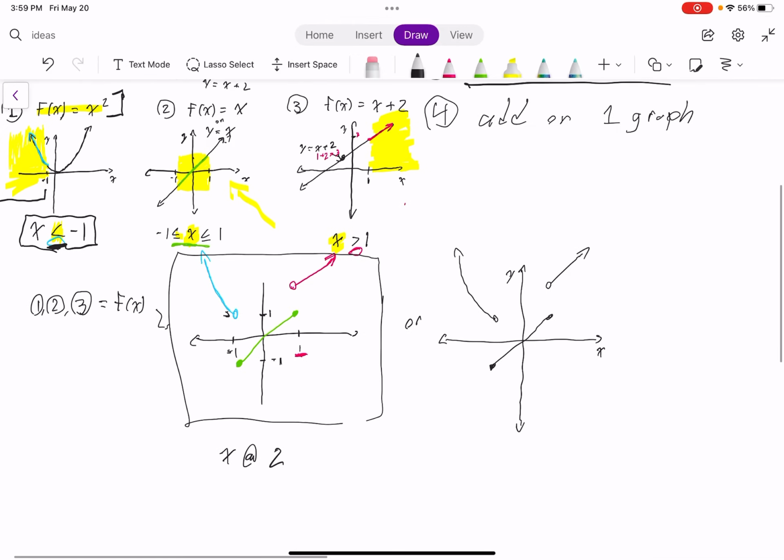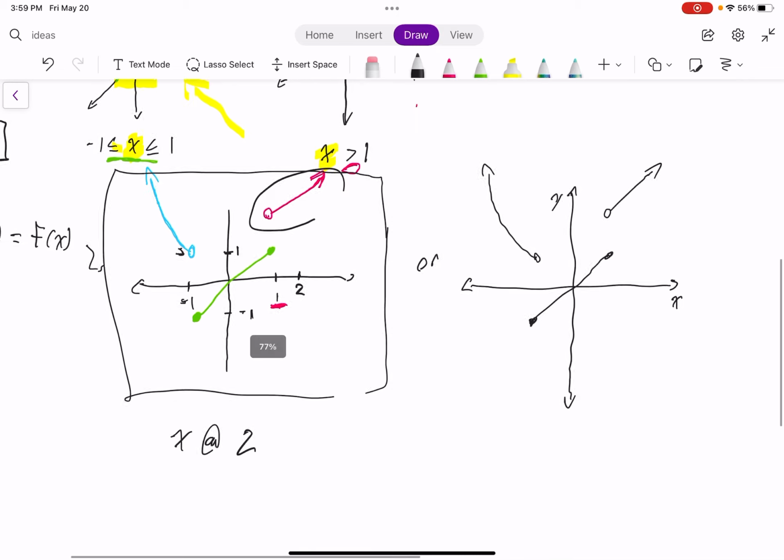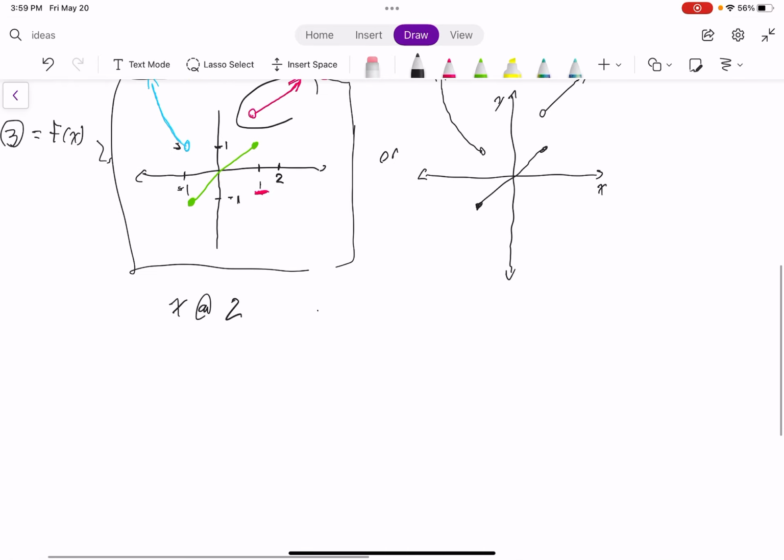So on a graph, you're looking at around 2, around here. And not graphically, you know you're dealing with the function f at x equals x plus 2, or y equals x plus 2.